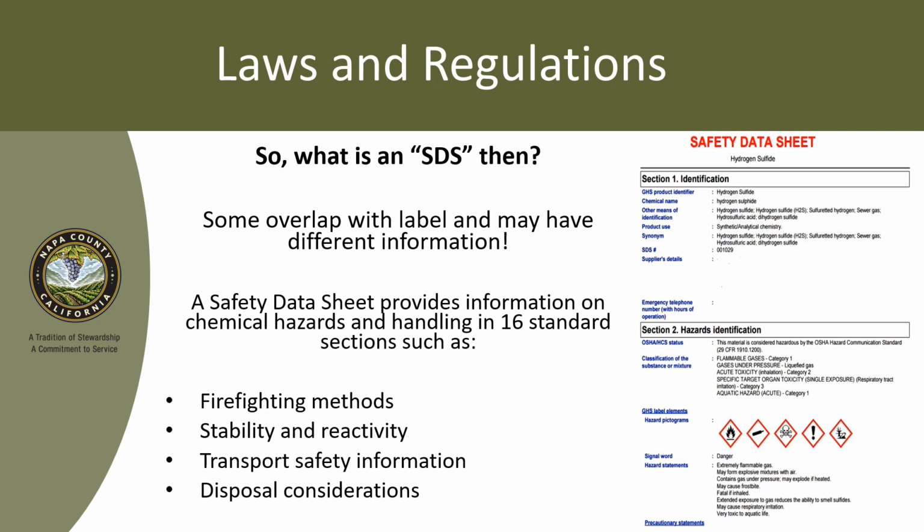The safety data sheet is more about providing information about the chemical itself. For instance, what type of firefighting methods might you need to use? And of course, you're probably getting the idea here that an SDS is kind of like more what first responders would use if encountering this pesticide, maybe a pesticide spill out on the highway or something like that.